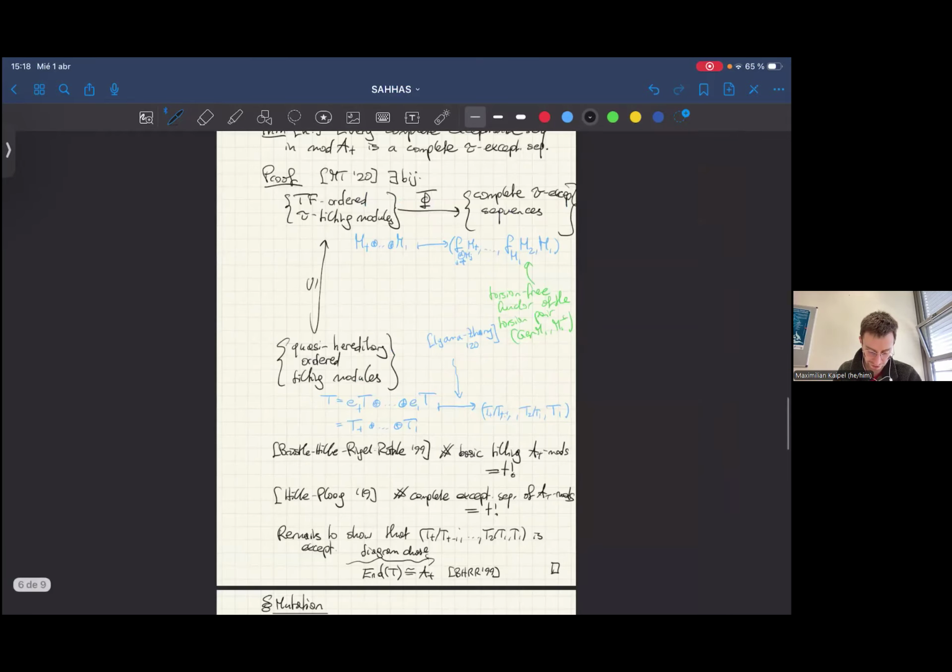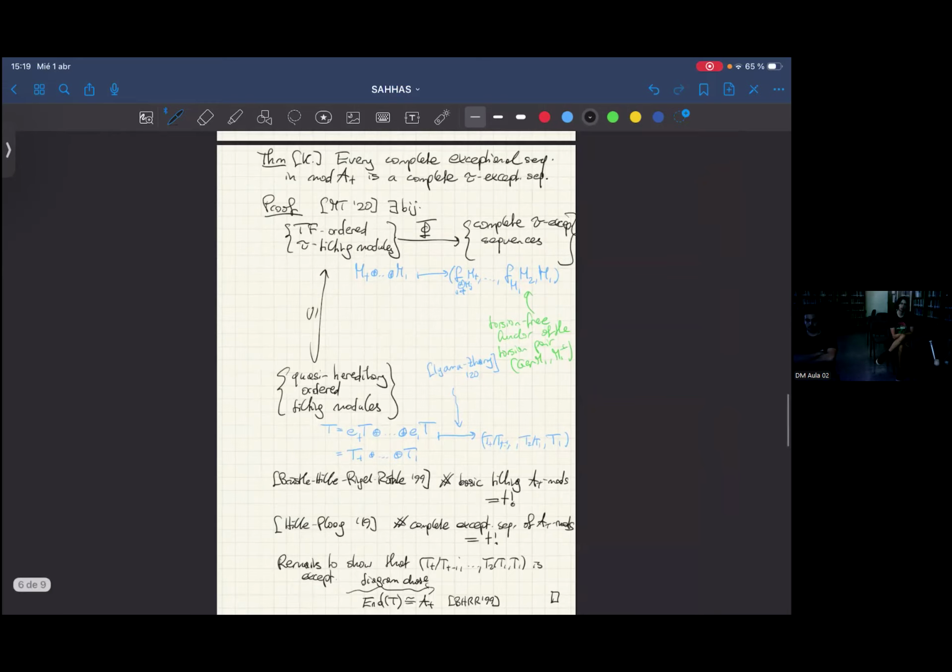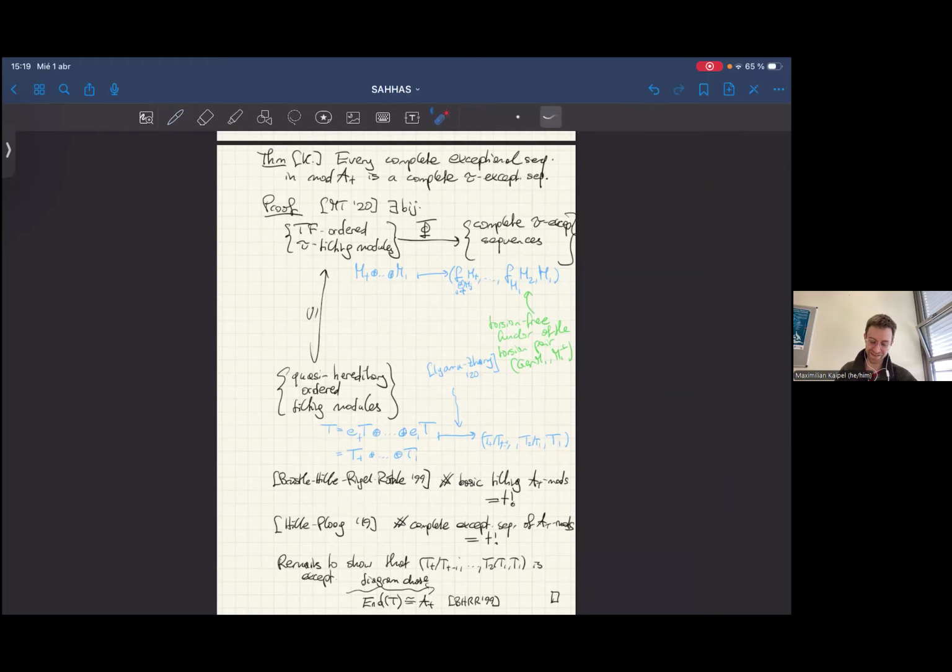Okay, are there any questions about this? Yeah, so this quasi-hereditary order that you have... Yes. This would give you exactly the order for which this endomorphism algebra is also quasi-hereditary. Well, the endomorphism algebra of any tilting module doesn't depend on the ordering, right?